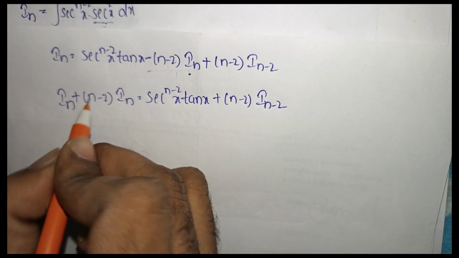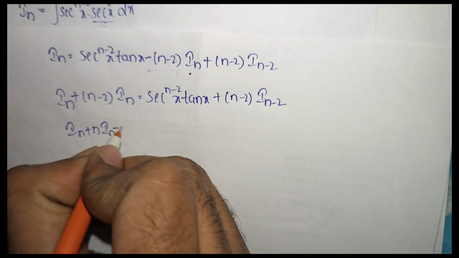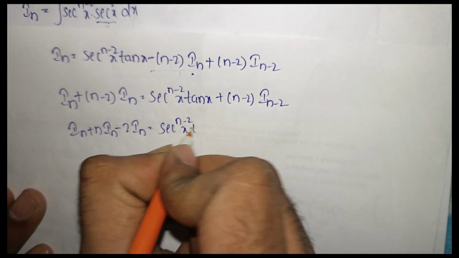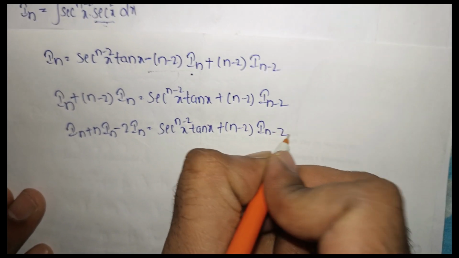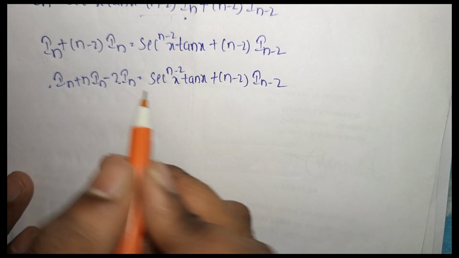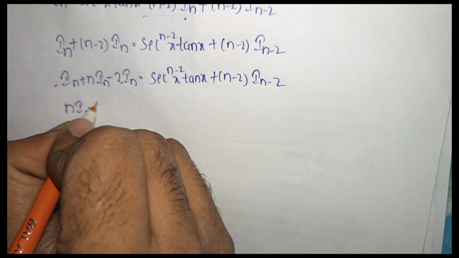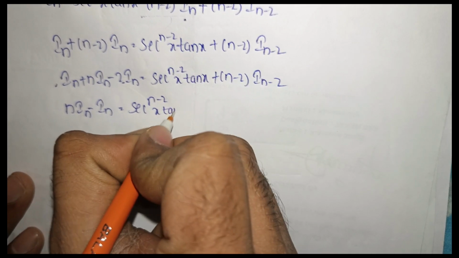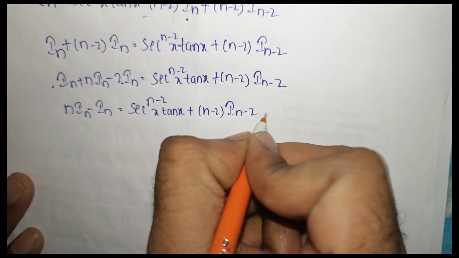If you notice, I'm multiplying this. In plus n In minus 2 In is equal to secant to the power of n minus 2 x tan x plus n minus 2 In minus 2, right? If you notice, it's 1 In minus 2 In. What will be the answer? Minus In. Minus In is equal to secant to the power of n minus 2 x tan x plus n minus 2 In minus 2.